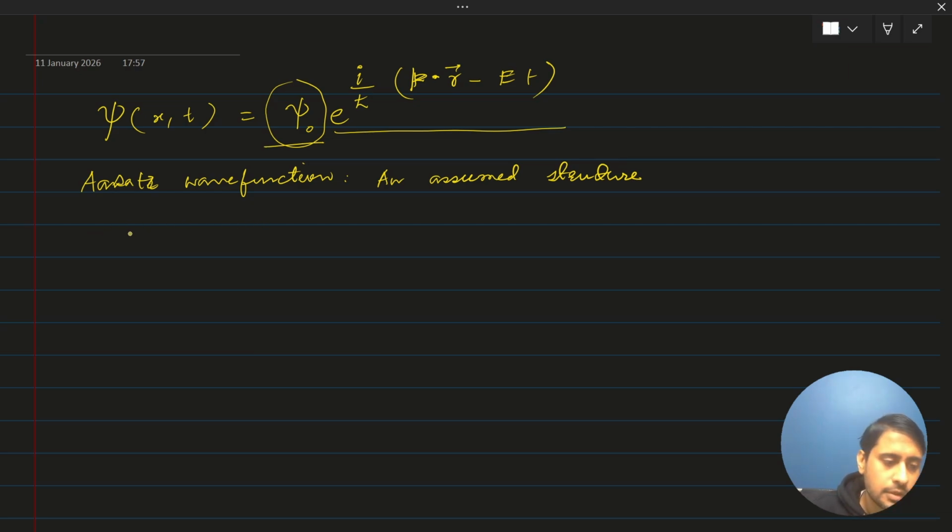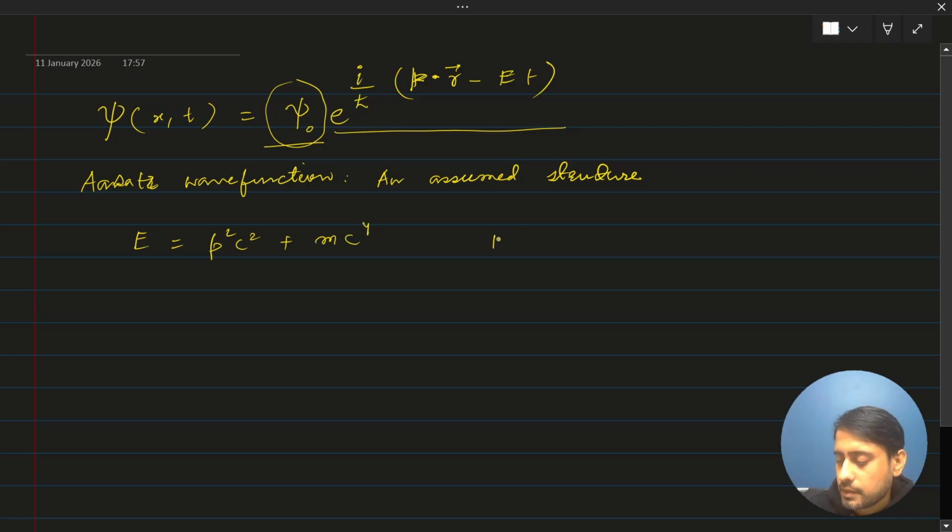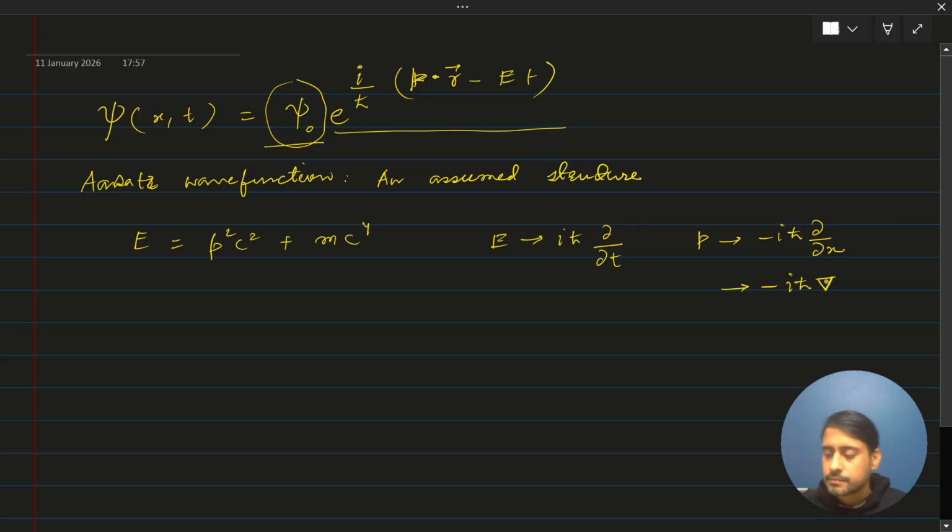When we wrote it in the form E equals square root of p square c square plus m square c to the power 4, and replaced E by i h bar del over del t and p by minus i h bar del over del x for one dimension, but for our case minus i h bar nabla.